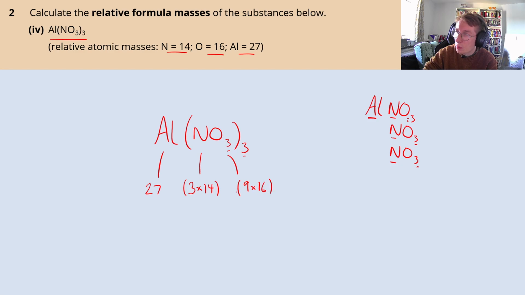That's its relative atomic mass. So we're going to do 27 plus 3 lots of 14 plus 9 lots of 16, which gets us a rather large relative formula mass of 213. Once again, that would be worth 1 mark. If you can do that one, you can do any of them, because that is as difficult as it will get.